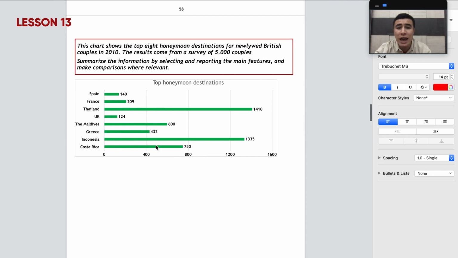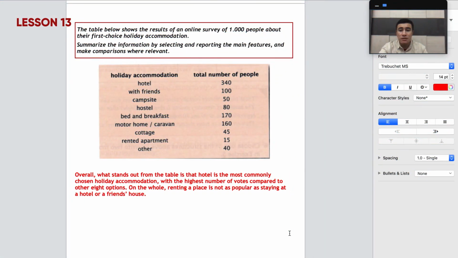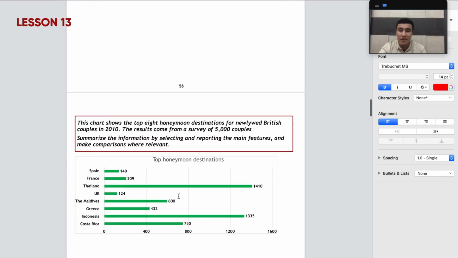So we have a chart here: Spain, France, Thailand, UK, the Maldives, Greece, Indonesia, Costa Rica. I hope you will pause the video here and try to write an overview on your own first. Okay guys, again, you can read this overview here and compare it.